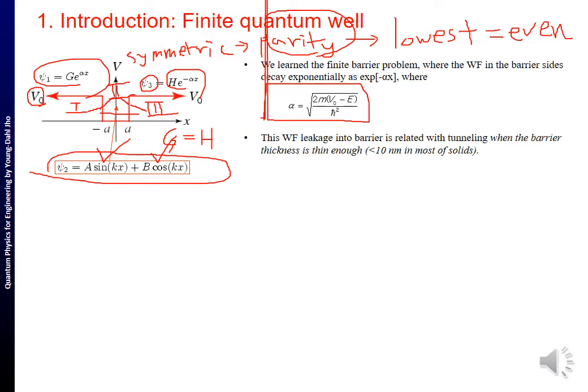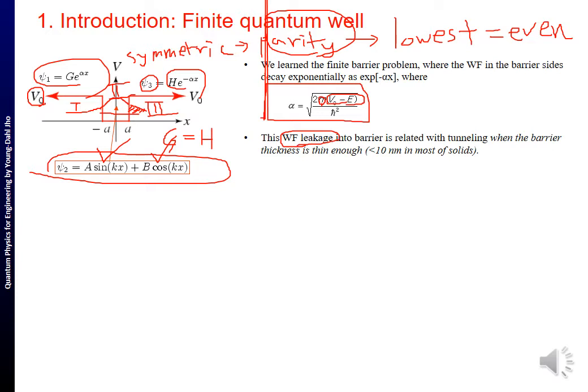This structure can also be analyzed in terms of effective mass m and barrier height V0 minus E. This wave function leakage into the barrier is this exponential function. So the exponential function survives in region 3, and we indicate that part in the barrier side as wave function leakage.